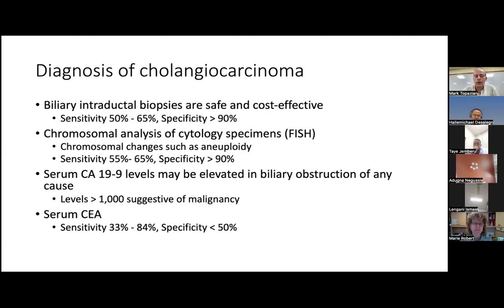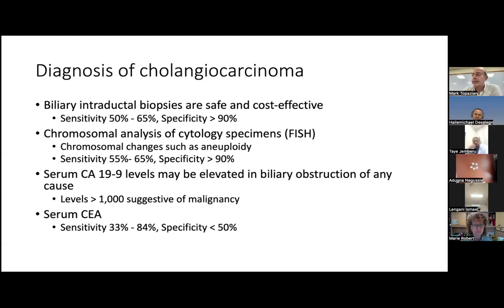You can also do chromosomal analysis of cytology specimens collected with a cytology brush from the stricture. That's called FISH, fluorescent in situ hybridization, and it is used to find chromosomal changes in the tissue, such as aneuploidy, that could be diagnostic of malignancy. It has similar sensitivity and specificity to biopsy.